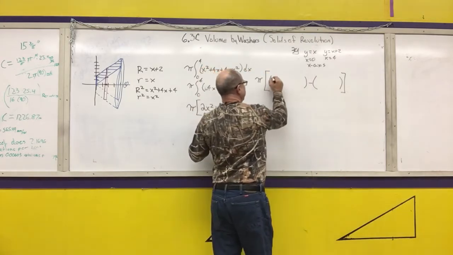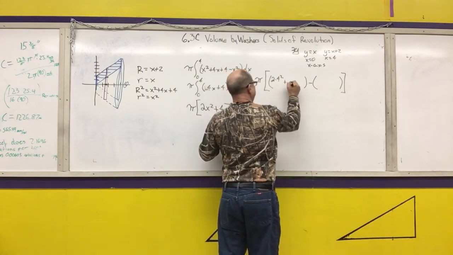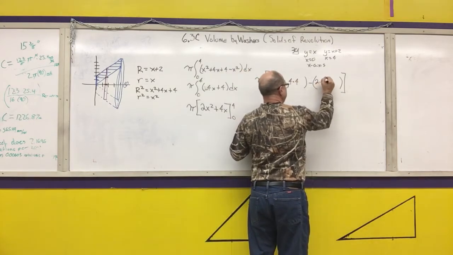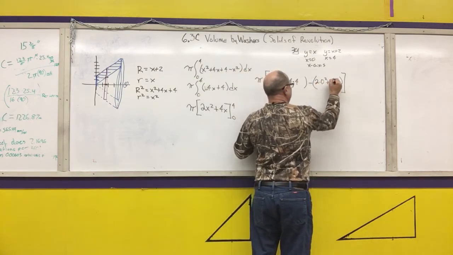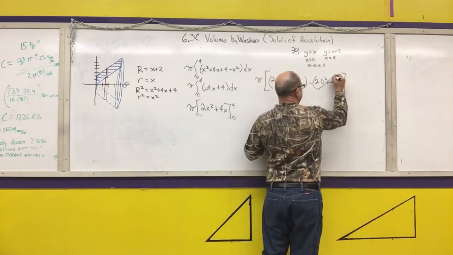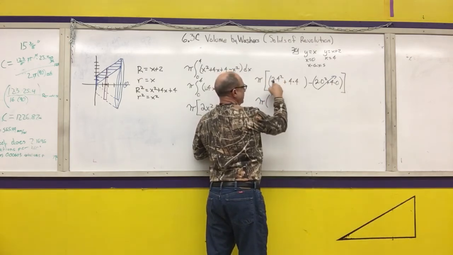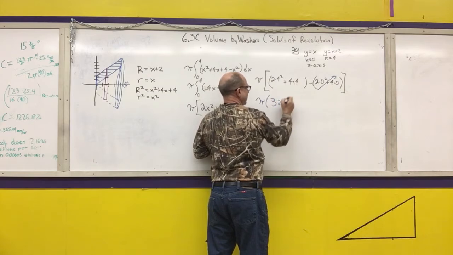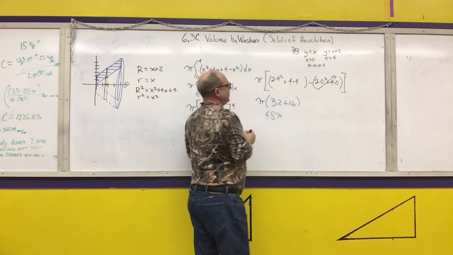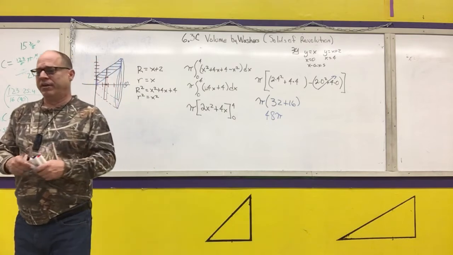Upper limit is 2 times 4 squared plus 4 times 4. Lower limit would be 2 times 0 squared plus 4 times 0. The right-hand evaluates to 0. So that gives me 16 times 2 is 32, plus 16. Final answer is 48 pi units cubed would be the volume of that region.